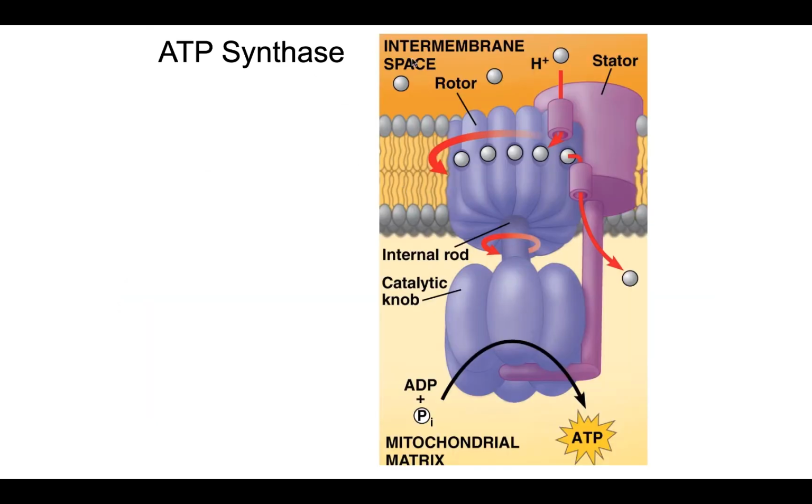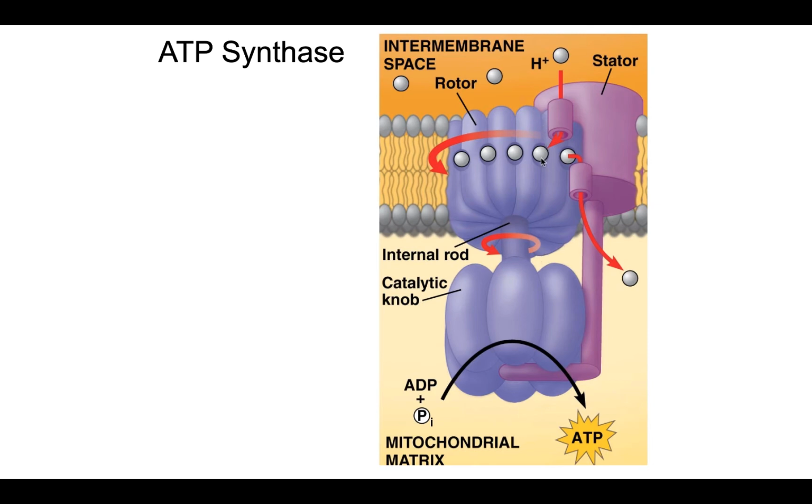So here we have our intermembrane space. This is where the proton gradient is. And as those protons move through, this enzyme provides a channel for those protons to move through. Otherwise, they can't get through that inner membrane. In fact, it's absolutely essential that they cannot get through that inner membrane any other way than going through this passage of ATP synthase.